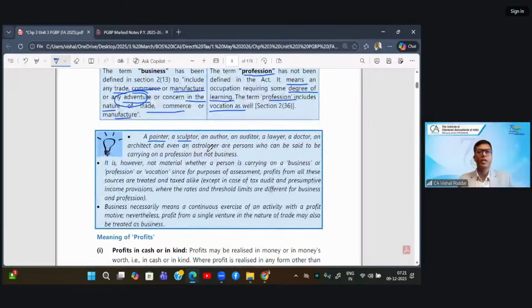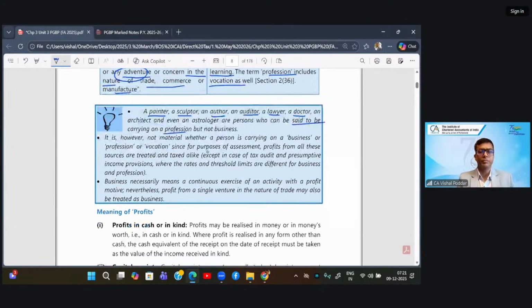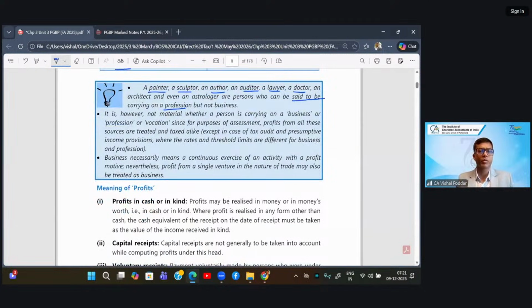They may not be taking any formal qualification, though nowadays even for art forms we have formal qualifications, but many of these may not be formal qualifications. Still, they are said to be carrying out a profession. And then you obviously have those professions where some qualification is required. Now, whether it is business or profession, both are covered under this head.